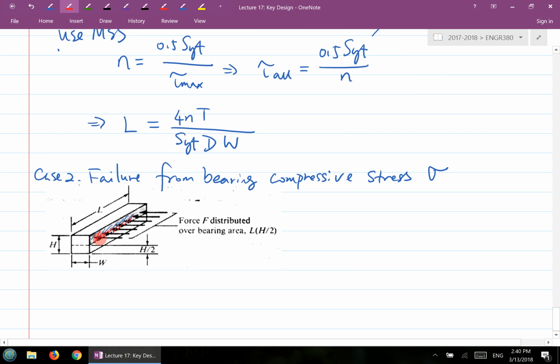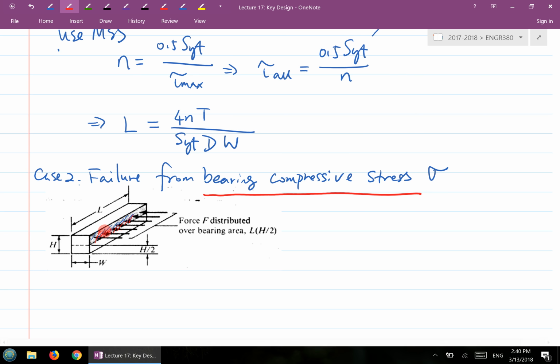If I look at the force being applied on the side surface of the key, the key is being pressed from both sides. That's what we call the bearing compressive stress sigma.